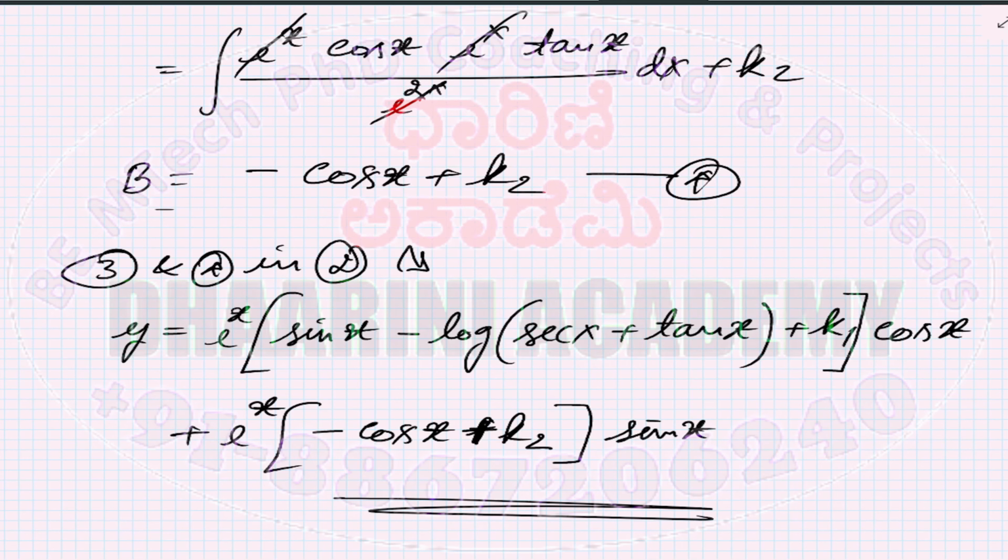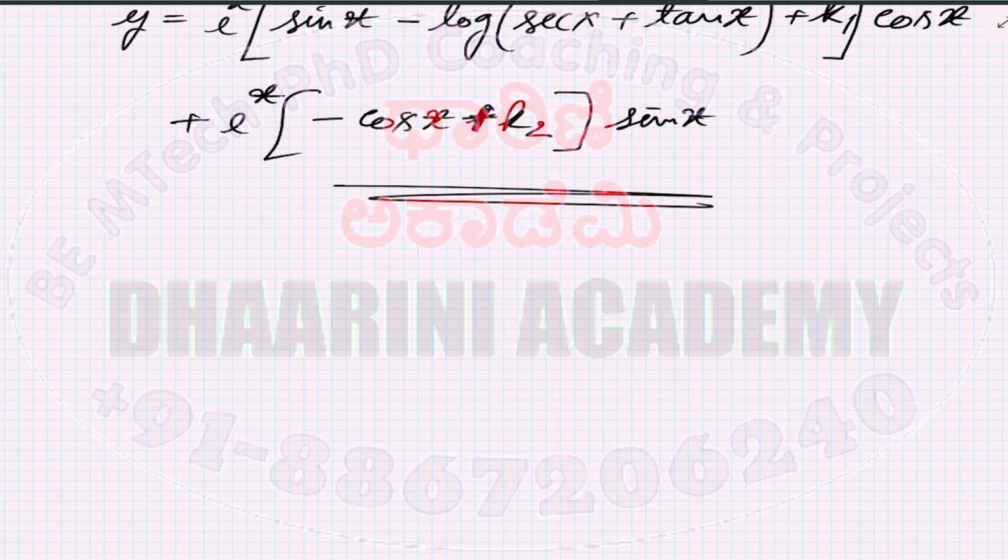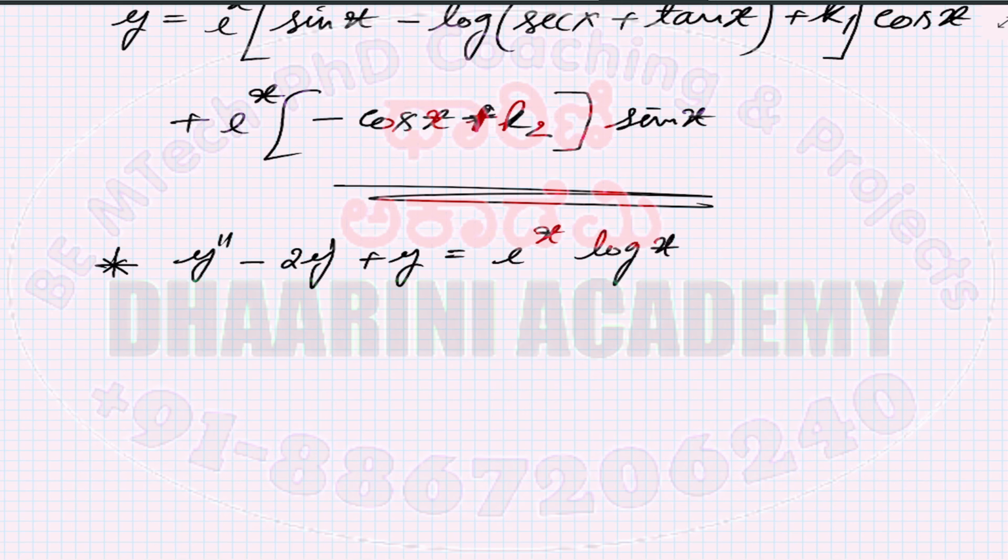Alright, now we'll go for another problem. This is y double dash minus 2y dash plus y equals to e to the x log x.